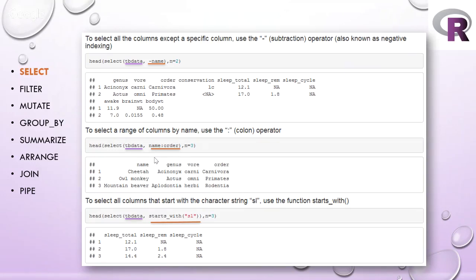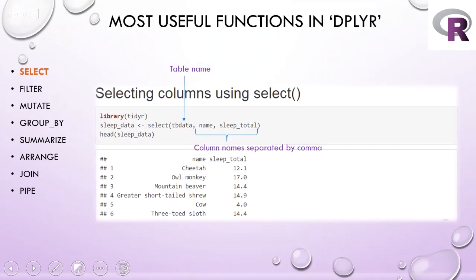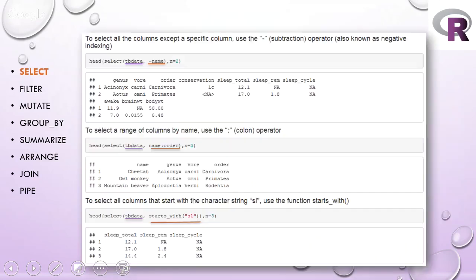For example, in the first example, I mentioned the table name and then excluded the name column explicitly, and then it displayed all the other columns except name.